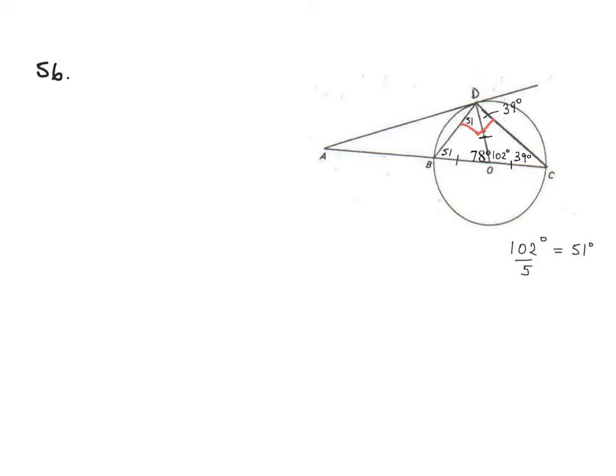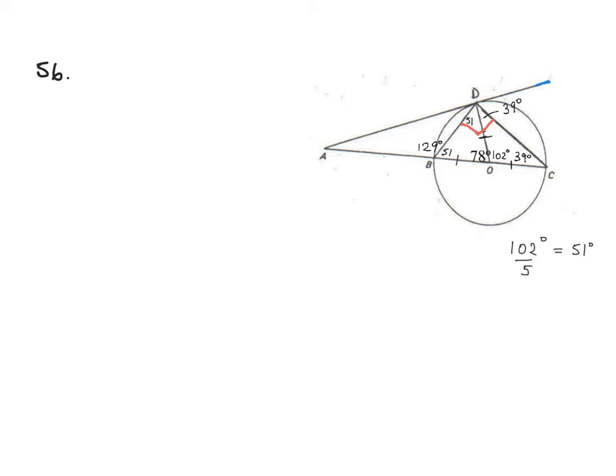Now if we move on to this angle here, 180 take away 51 is 129 degrees. 1, 2, 9 degrees. If you look up here, what we have, this line is a tangent.